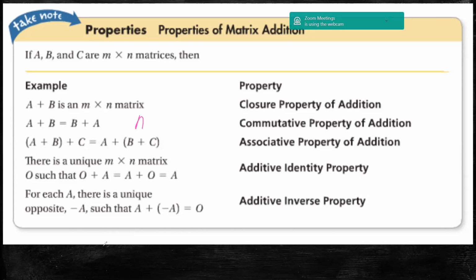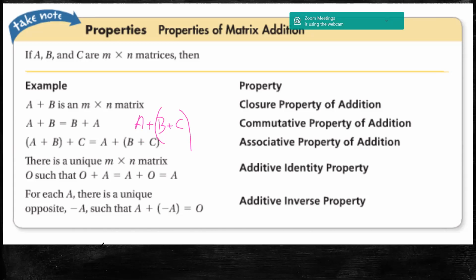You can solve A plus B and then add the final answer to C, or you can add B plus C first, then add the final answer to A. This one we call the associative property.